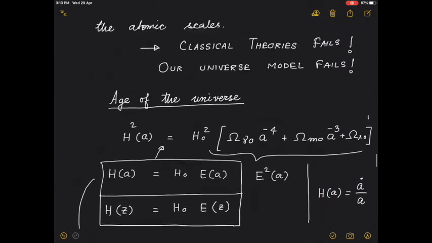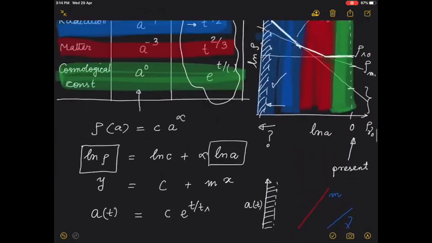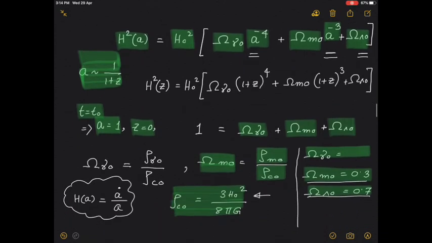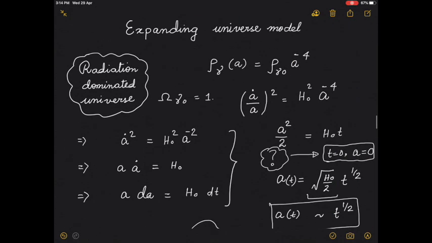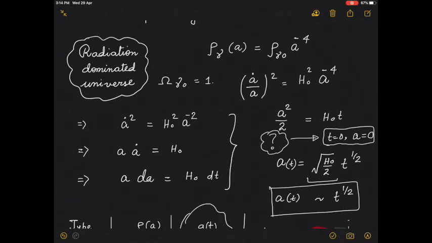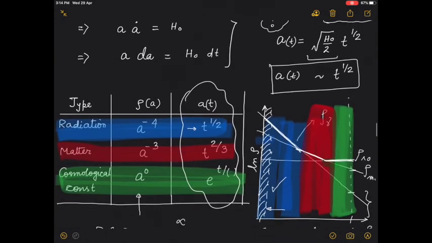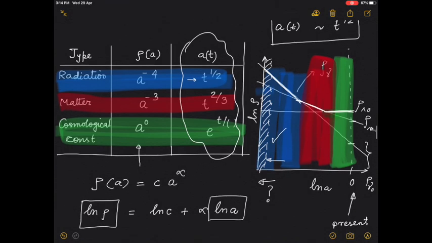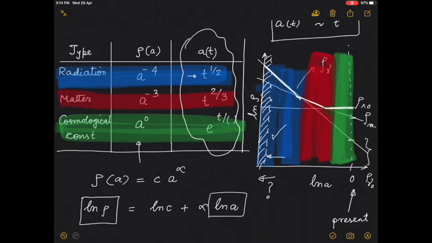I hope that you have come up to this part. Let me just go through what we have learned today. We started with these basic equations of cosmology, and then we looked at the different types of universe models with only one type of matter, and we explicitly worked out the case for radiation, and then made this table where I gave you the result for matter and the cosmological constant.